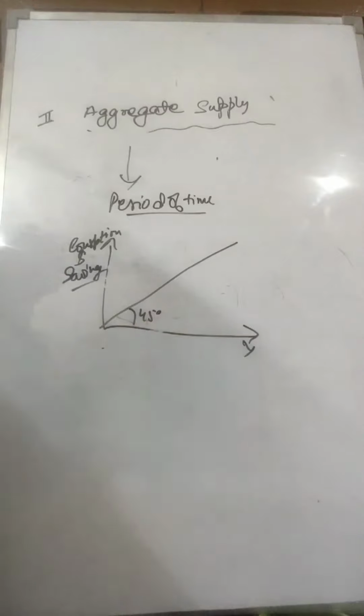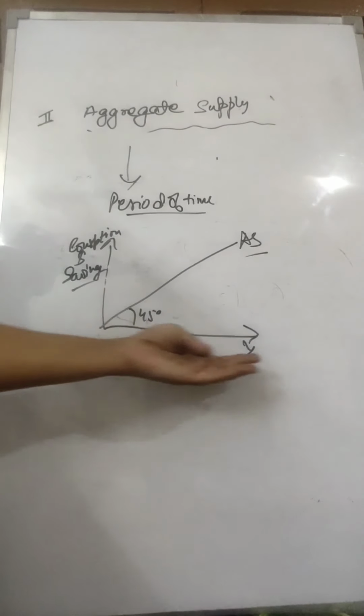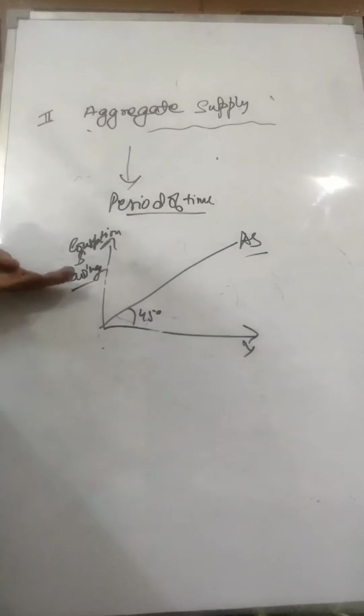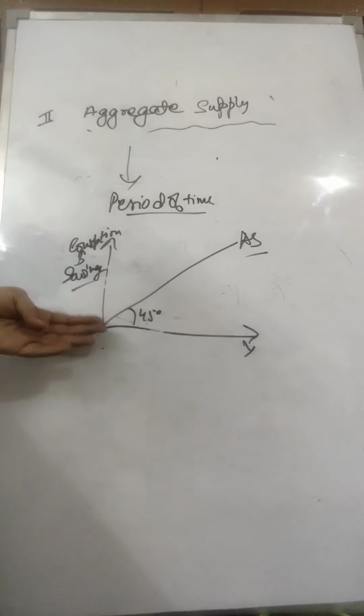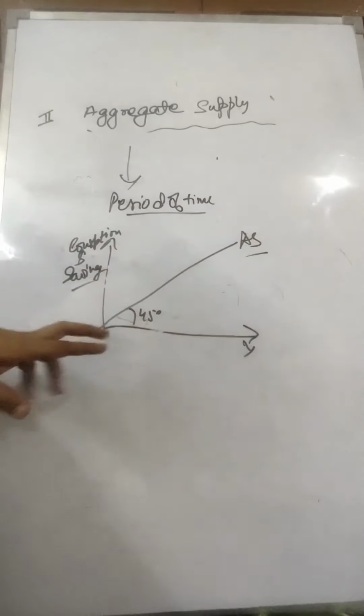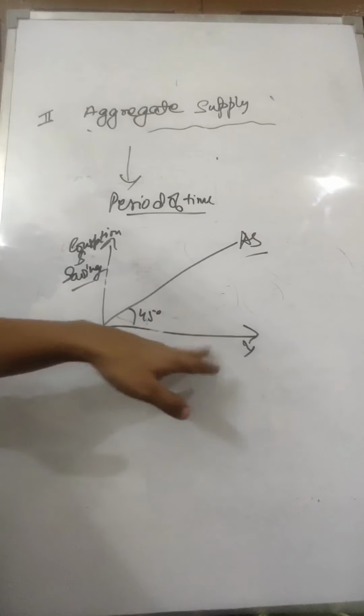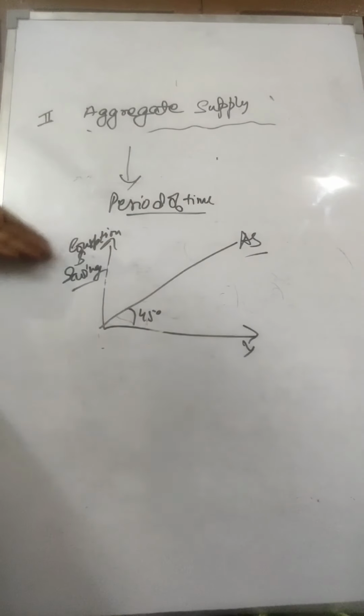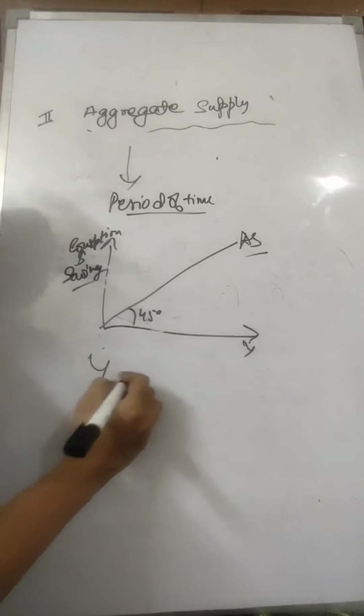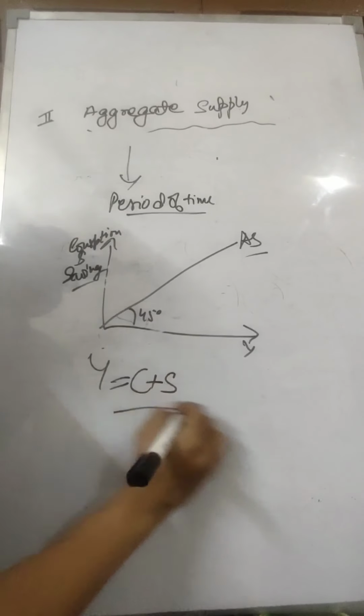That's why your aggregate supply curve is a 45-degree line. That is, whatever your income is, either you will save or consume. That's why it is a 45-degree line, that every change in income is equal to the sum of consumption and savings. Again, we can have a formula out of it also, that Y is equal to C plus S, that is consumption plus savings.